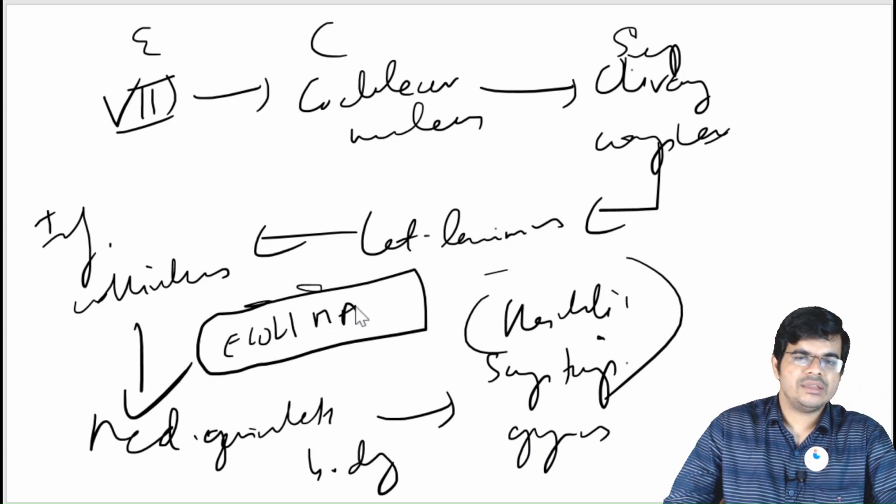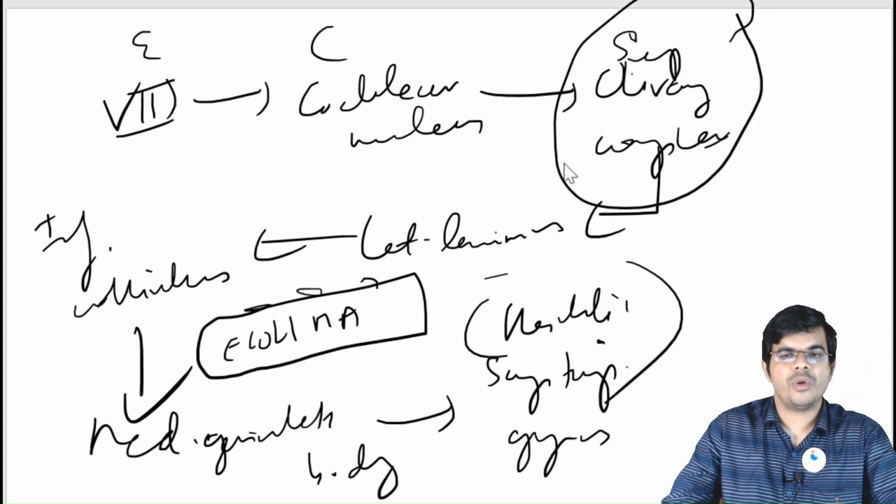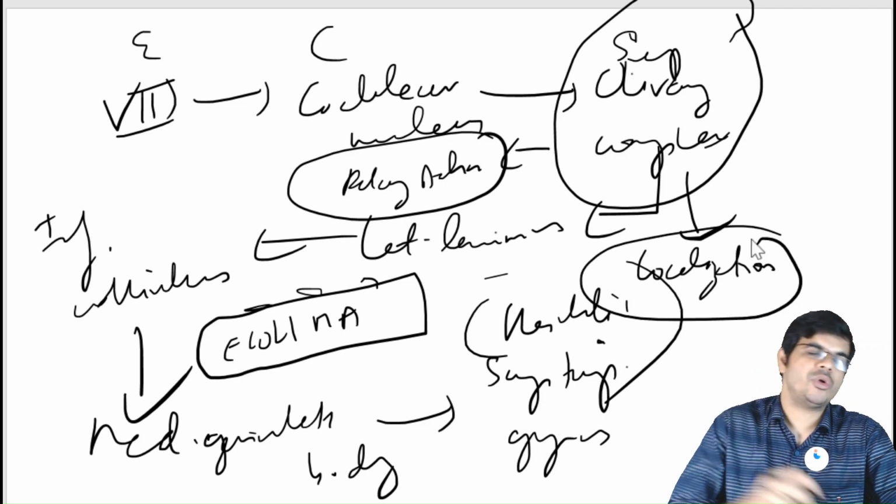Now in the E. coli ma, the important thing that you remember is the superior olivary complex has got two functions. What are they? One is it is the relay station for acoustic reflex, and the second thing is it helps for sound localization. How does it help in sound localization?